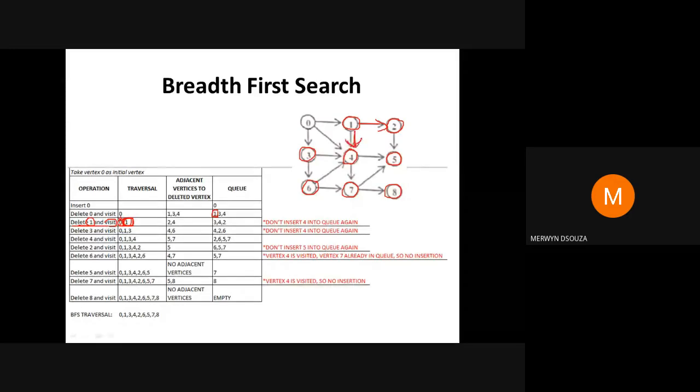I have written them here, 2 and 4. I can insert these adjacent vertices into the queue if they are in the initial state. So I check 2 and 4, both are in the initial state, so I can insert them.